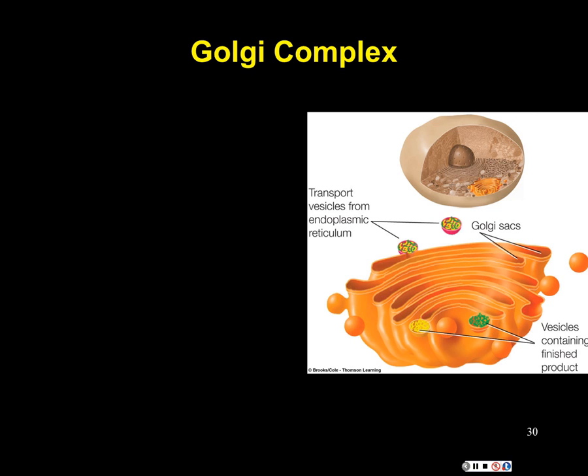In addition to just processing, it condenses the protein, so it actually segregates the proteins of the same type to make a cluster of the same type of protein. So instead of insulin and growth hormone and some membrane protein all jumbled together and released randomly, all of our insulin will be grouped together in a single vesicle. All of our growth hormone will be grouped together, and all of our little membrane proteins will be grouped together.